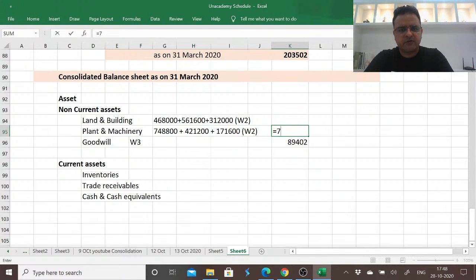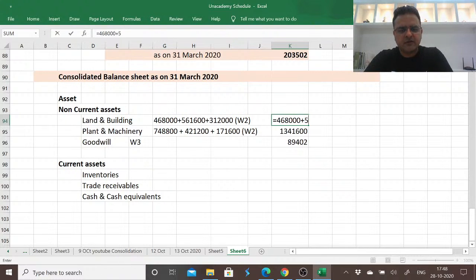This is equal to 748800 plus 421200 plus 171600, which is 1341600.